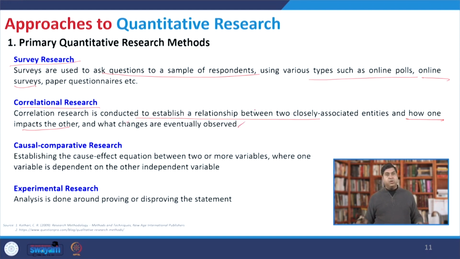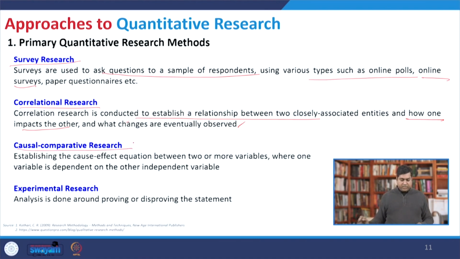So we need to understand whether there is any impact of population density on water consumption. Suppose for a city we have an assumption that per capita per day there will be some supply. That is from the supply side point of view. But if you want to calculate how much water we consume, is there any impact of population density on water consumption? For all such cases we can go for correlational research.